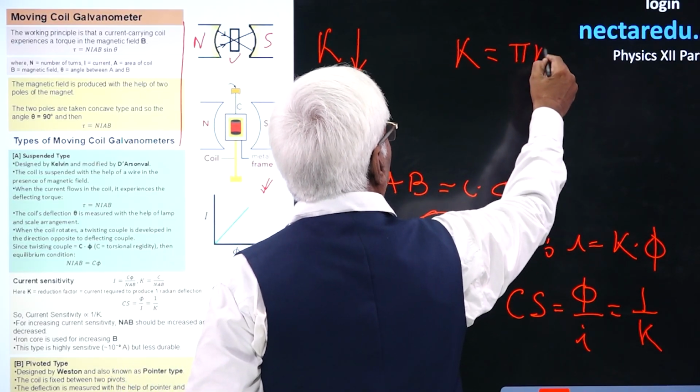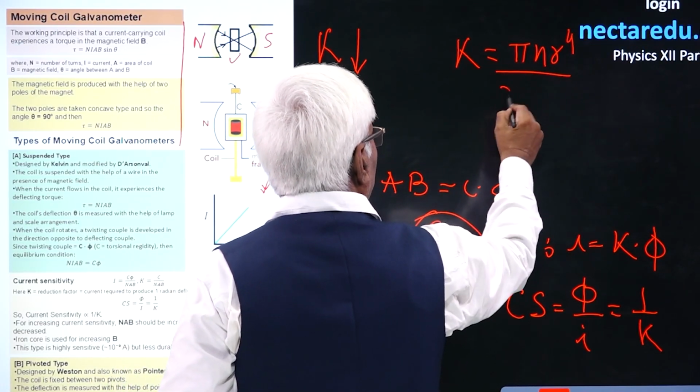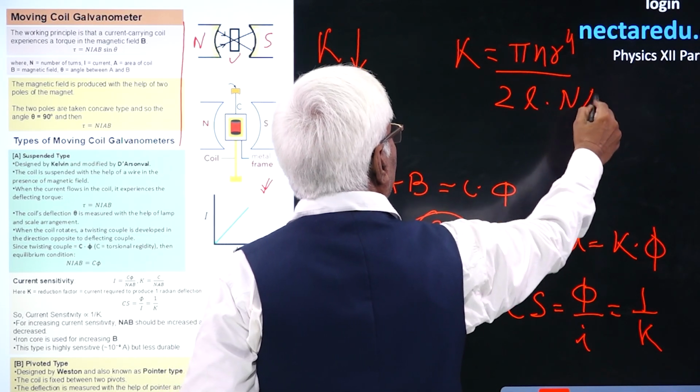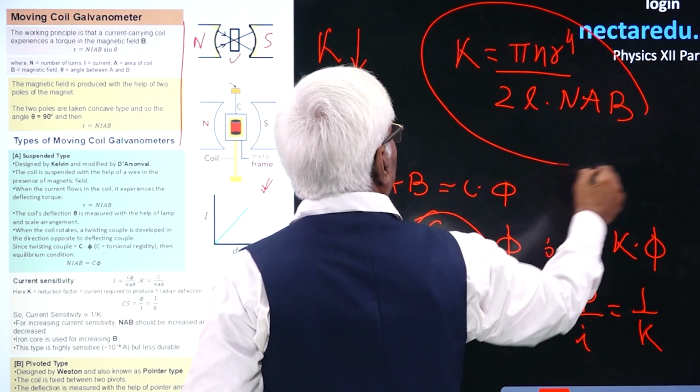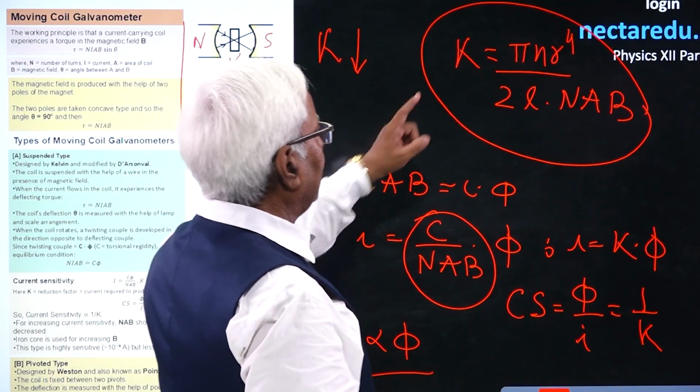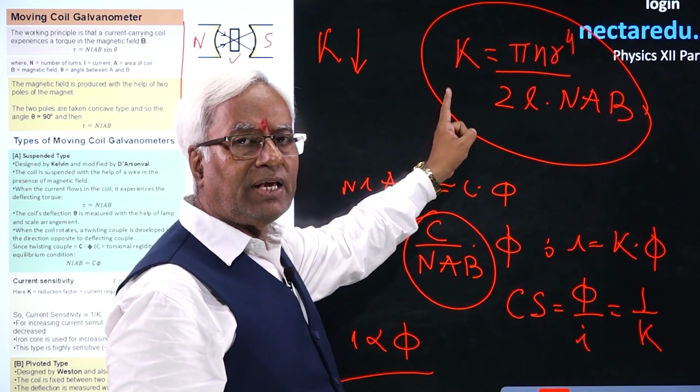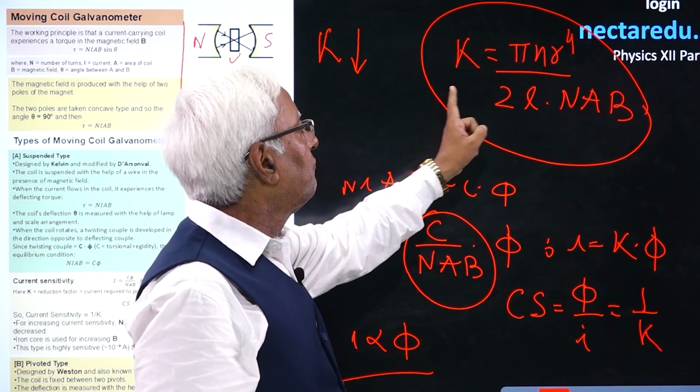In place of C, you could write this thing, 2 pi eta r to the power 4 upon L, so K is that upon NAB. This is the value of K, that's known as reduction factor.